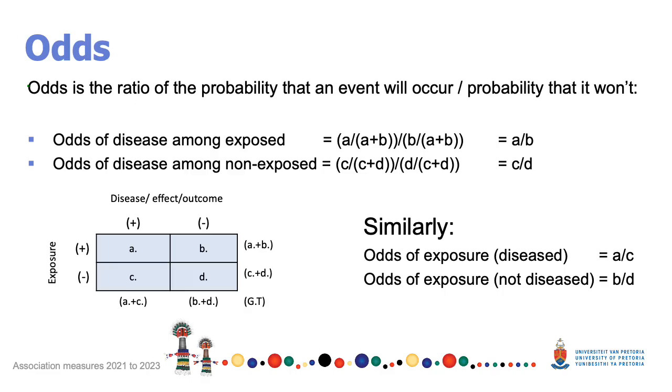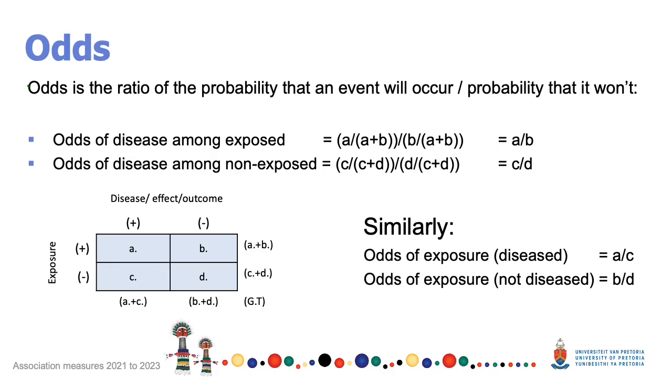Just as we would expect a higher risk amongst the exposed versus the unexposed if there's an association, we would expect to see higher odds amongst the exposed versus the non-exposed. The odds of disease amongst the exposed would simply be A to B, or A over B. The odds of disease amongst the non-exposed would simply be C to D, or C over D.